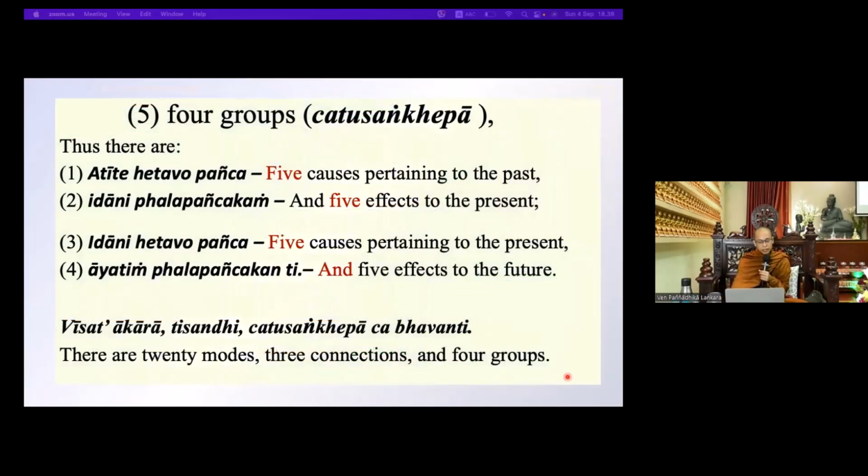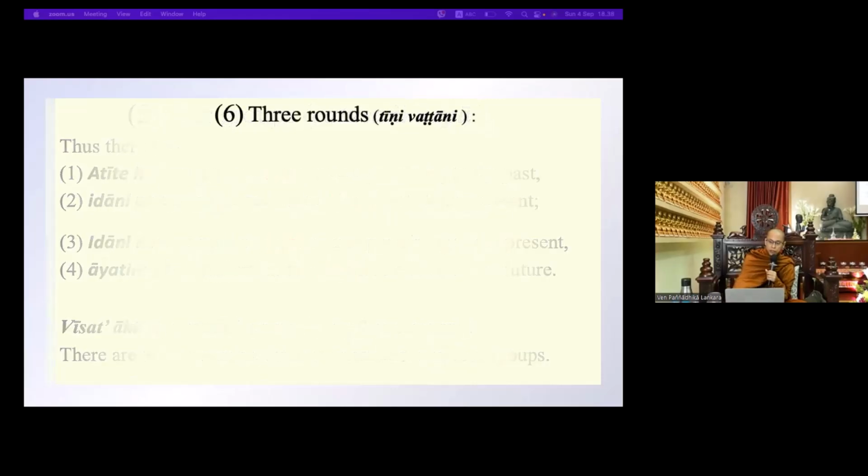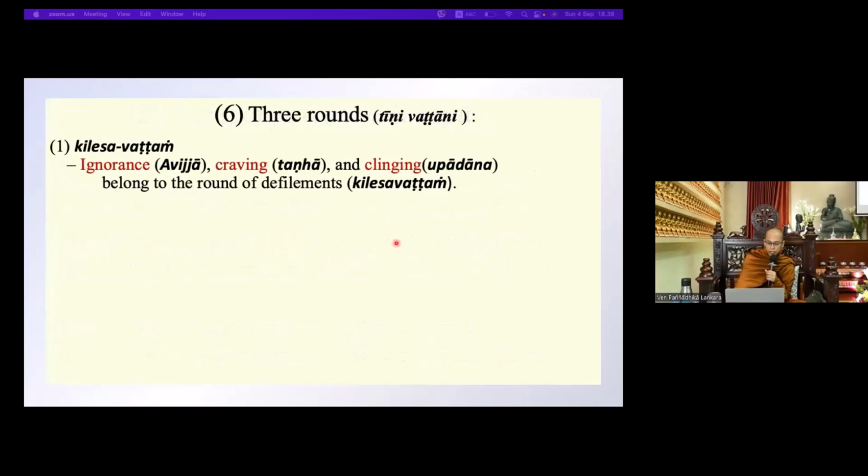Okay, here in the text it mentioned Aditi, Hido, Pancha, etc. This is already mentioned in the Chatussankhepa. So four groups are mentioned, and these are the information in the Paticca Samuppada. The last two groups are the round of rebirth, which is called Vata.